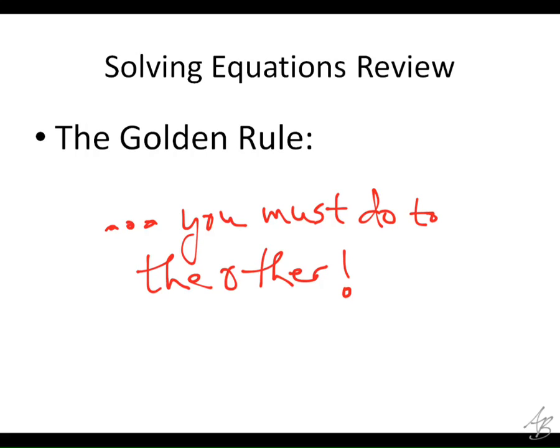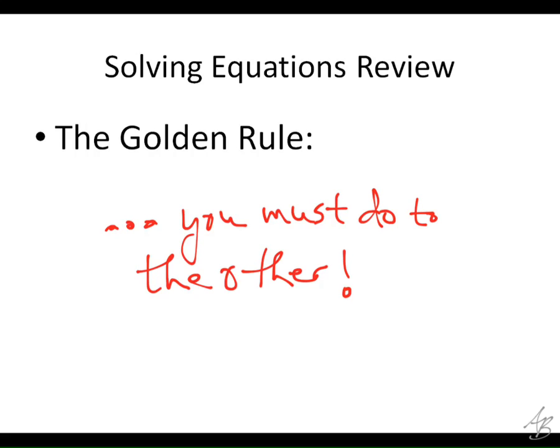All right, so let's say we use addition to get rid of a subtraction. So there's a minus 2, we use a plus 2 to get rid of it. We would have to add 2 to both sides of the equation. Not just to get rid of the minus 2, but also to keep the equation balanced. All right, so we want to get the variable by itself. We're going to do that by using inverse operations and the golden rule, which says whatever we do on one side, we must do on the other.